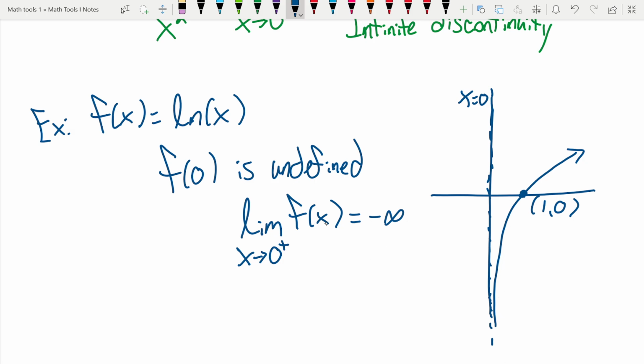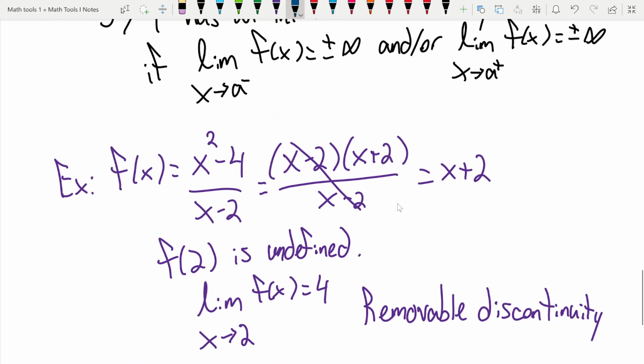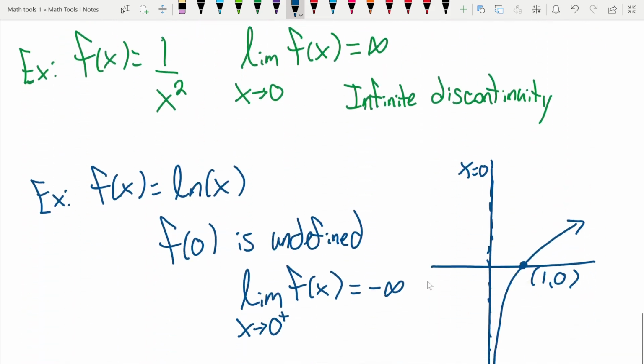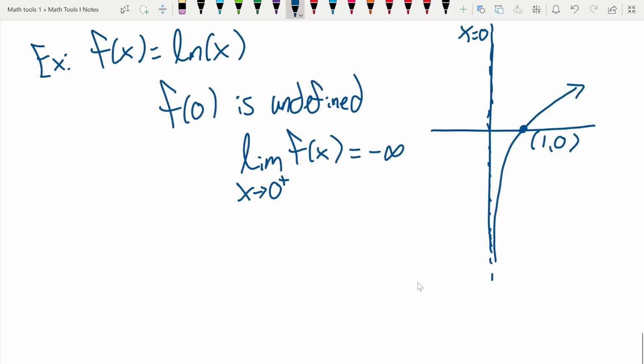So the limit as x approaches 0 from the right is negative infinity. And if we note from our definition, we need f to have an infinite discontinuity at a if the limit as x approaches a from the right is positive or negative infinity and or the same thing on the left. So we only needed to satisfy this on one side. So we would still call this an infinite discontinuity.